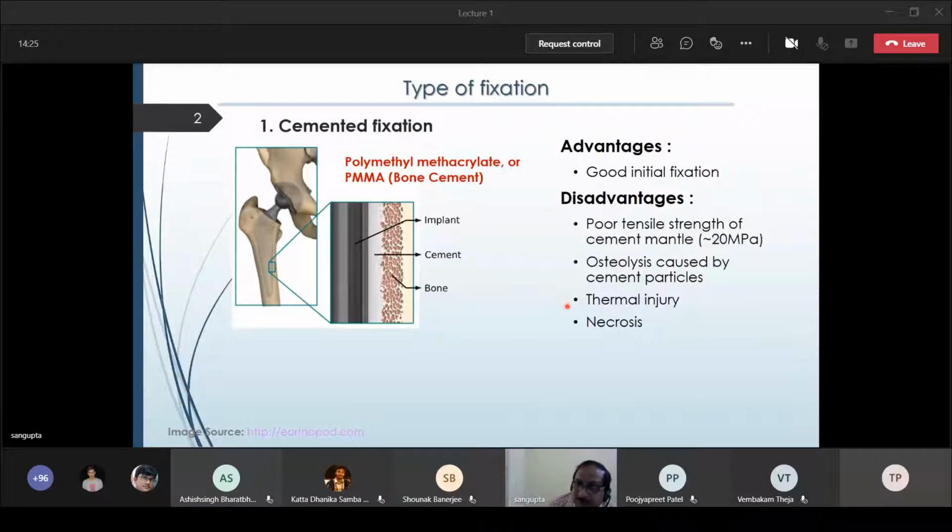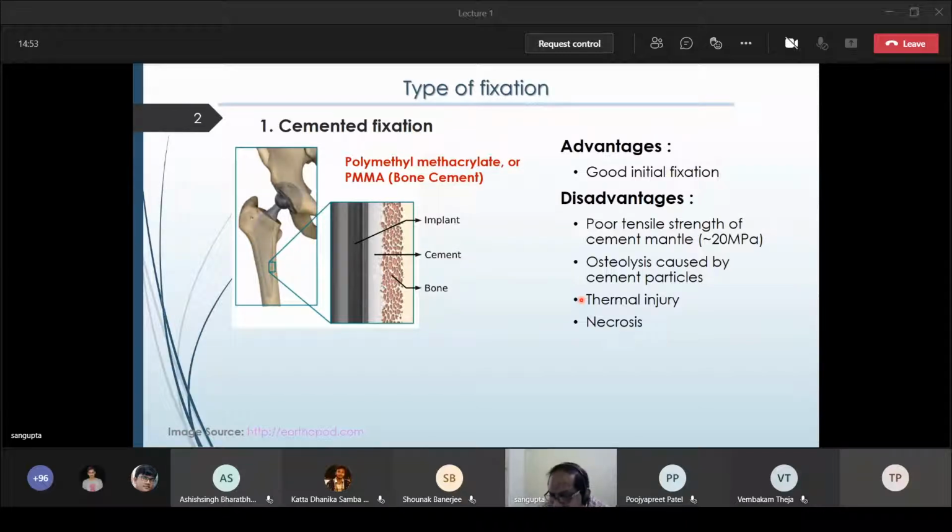Now, the cemented fixation is undertaken in a particular way. I'll briefly discuss the procedure. The bone cement comes in the form of a powder, like flour, the kind you use to make roti or puri.